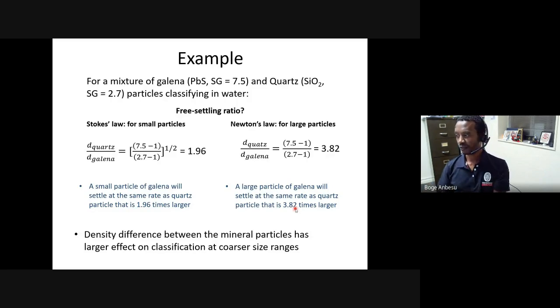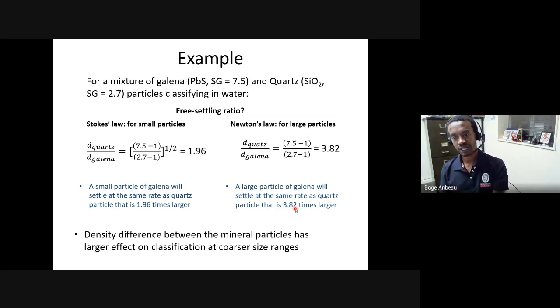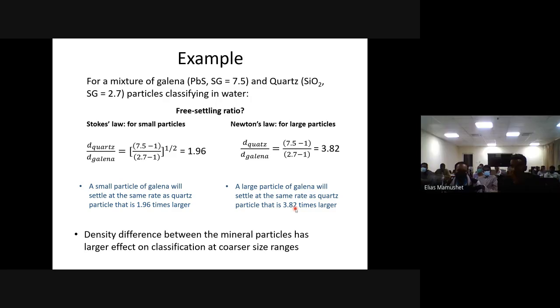Again, if the galena was, say, 5 millimeter in size, for quartz to settle at the same rate, it needs to be almost 4 times that size. So maybe 5 millimeter of galena and 20 millimeter of quartz have the same settling rates. If the quartz is smaller than 20 millimeters, the galena is always going to sink first.